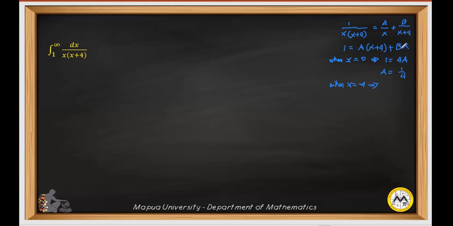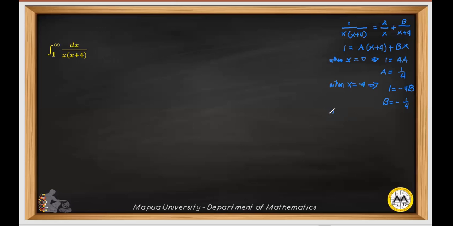And b times negative 4 is simply negative 4b. Of course, the left member is 1, and this is equal to negative 4b. And if we solve for b, then b is equal to negative 1 over 4.